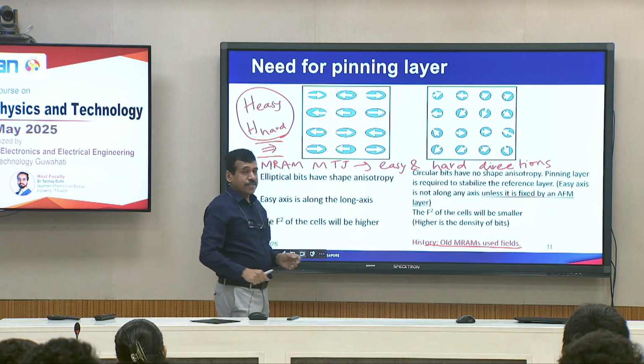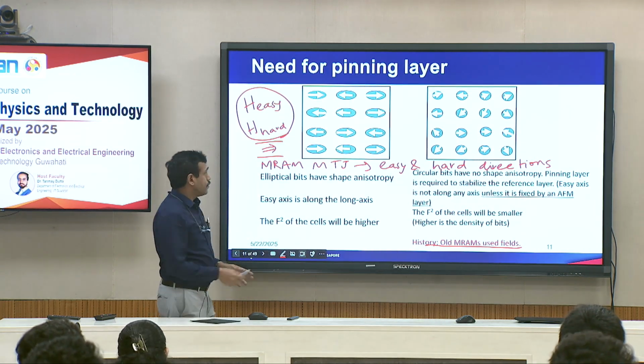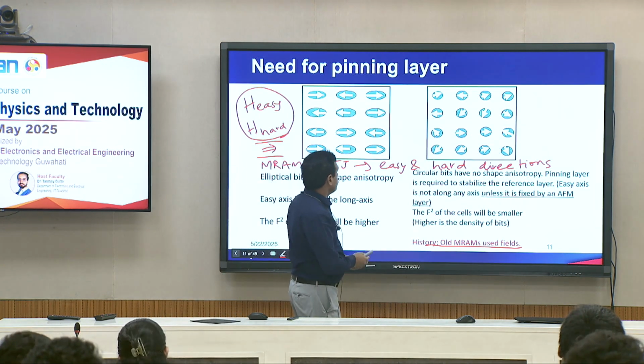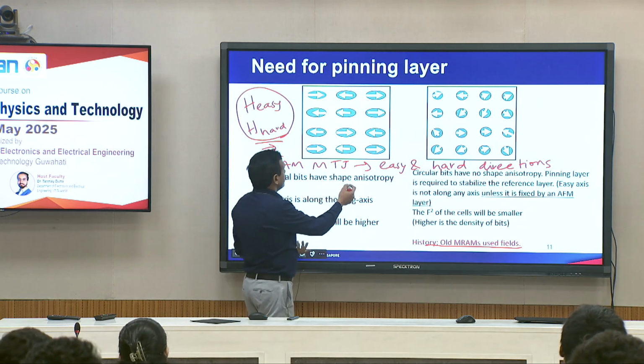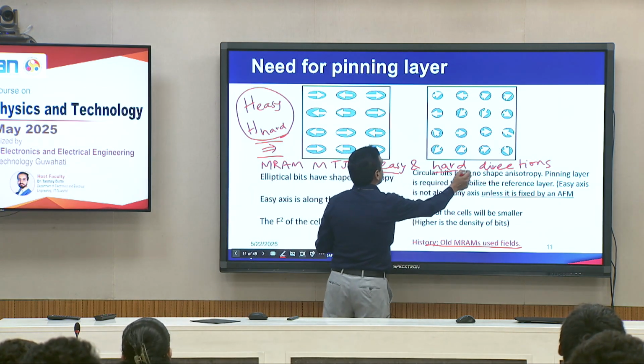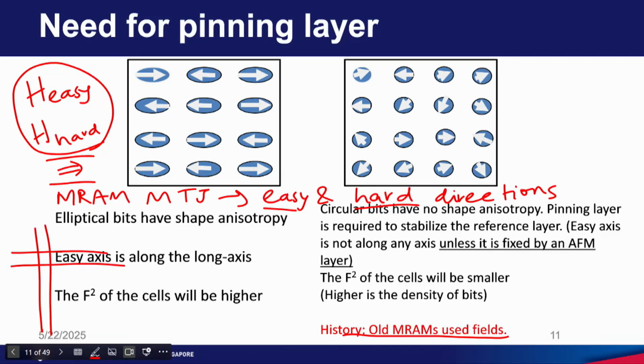So, in the case of in plane magnetization, the easy direction can be anywhere between 0 to 360 degrees, but in that case we cannot know where the easy direction or hard direction is. Let us say you have wires like this, and we think that this should be the easy direction, this should be the hard direction, but if the MRAM below has its easy direction at any angle, we may not be able to switch the MRAM.